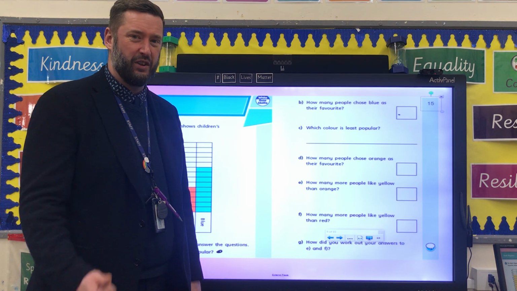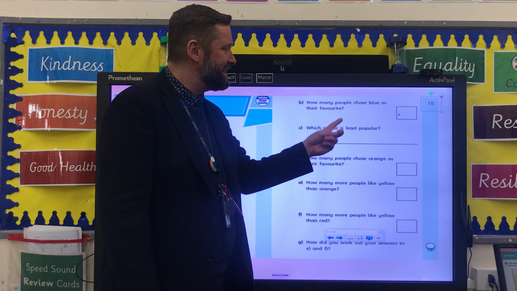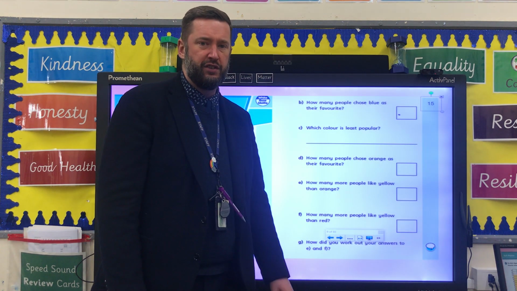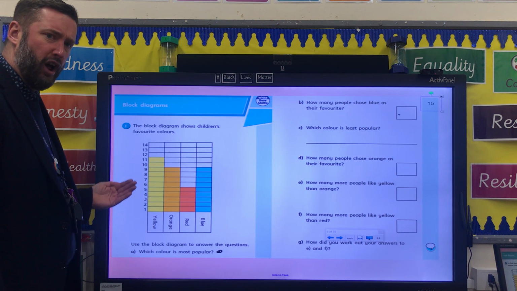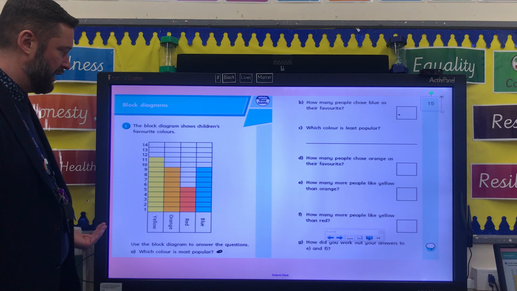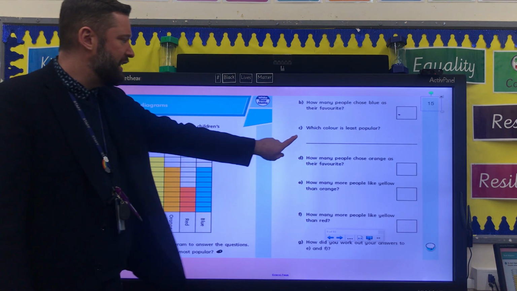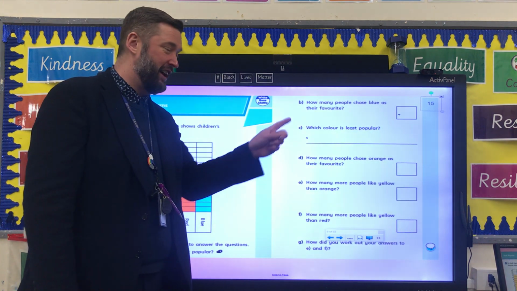Have you done it? Good job. C, which colour is least popular? So which colour has the least value? Which block has the least value? Have a look at it. Which block is it? Write your answer there. Stop the video again. Write your answer in.